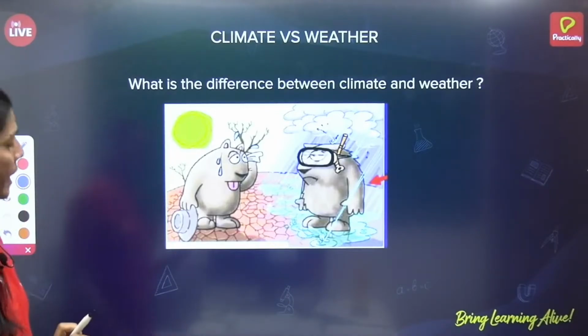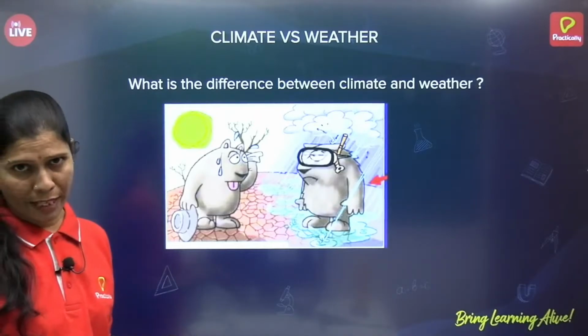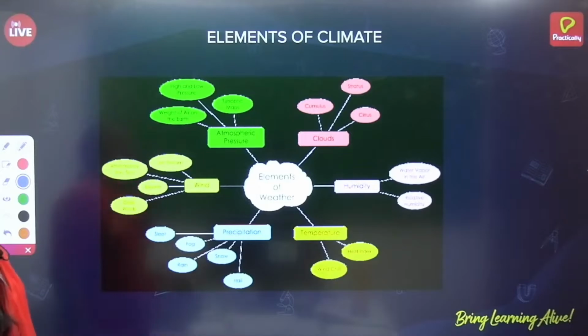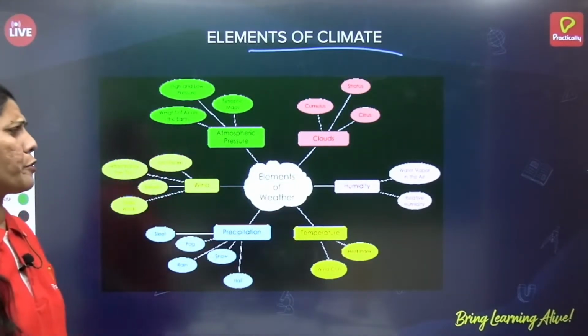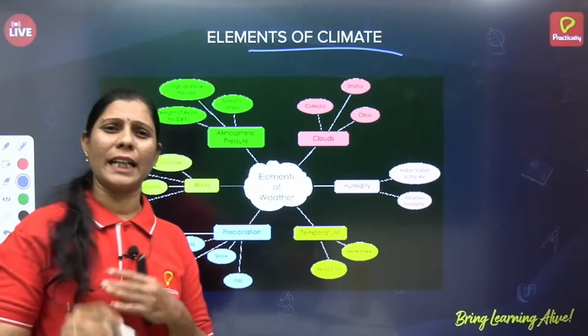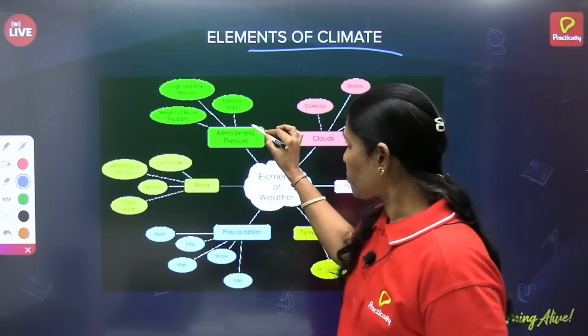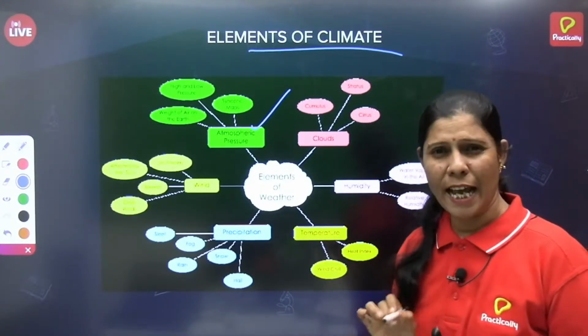Let us look in detail at what this climate is and how it influences our lifestyle. Let's go first to the elements of climate. There are different types of elements, and the climate changes with different parts. First and most important is atmospheric pressure. The air has a pressure.